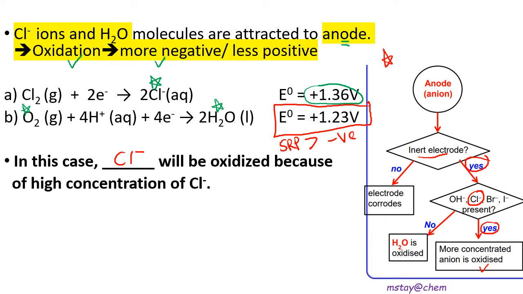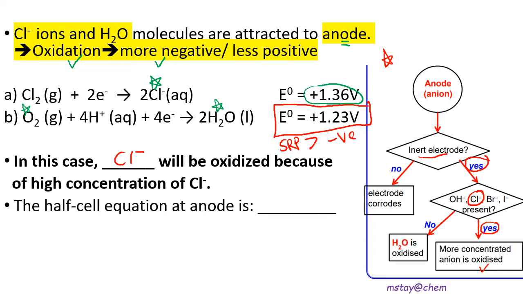As usual, after we know which one is selectively discharged, we need to write the half equation. This time, because the reaction at the anode is oxidation, when we write the half-cell equation we can refer to the SRP series, but we cannot copy exactly the same because in the SRP series the half equation is in the reduction form.